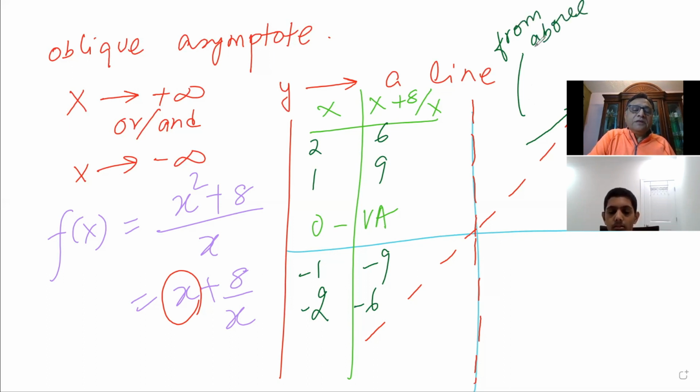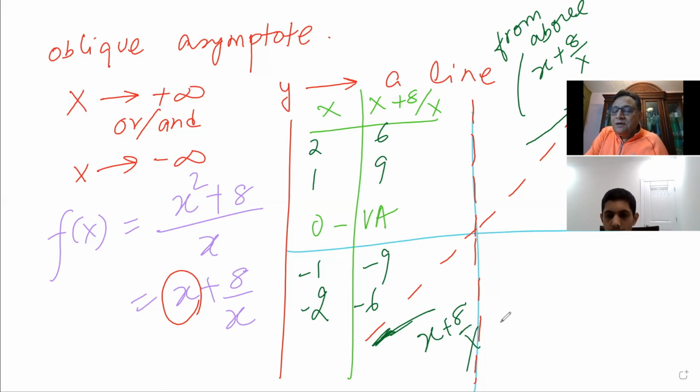Because the function is x plus something, so more than x. On this side, it approaches from below because x is negative. It is x plus 8 over x still, but x is less than 0, so it is moving below.